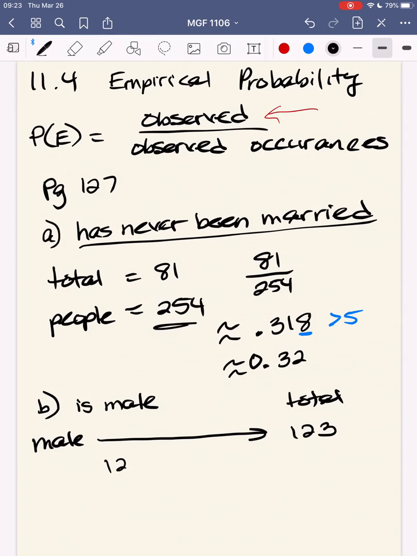So I have 123 over 254, which gives me, when I put it in the calculator, 0.484. Now remember I have to look at my thousandths place to round it to 2 decimal places. It is less than 5, so my number should be 0.48, and drop that last 4.